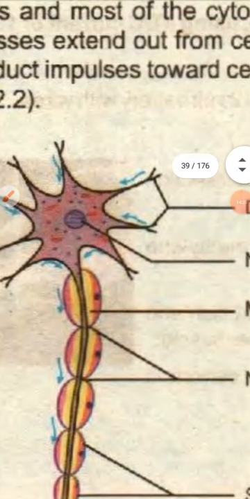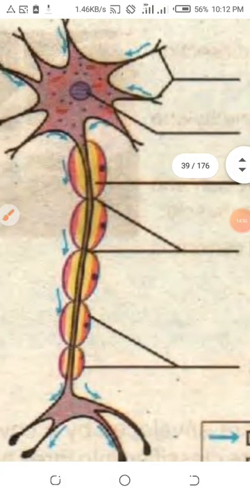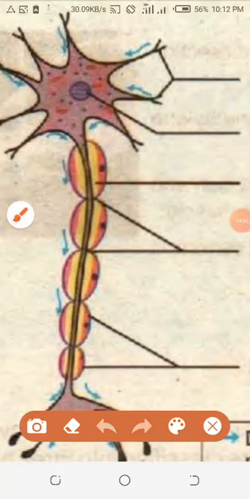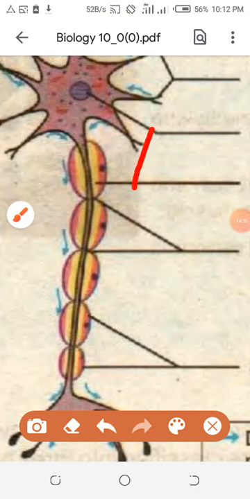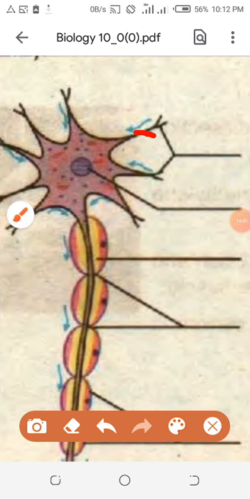Once again, I have to show the direction of the nerve impulse. The message will always flow from the dendrite to the cell body, and from the cell body to the axon, and from the axon to the next neuron by a gap. One word I will add today: the gap between the two neurons is called the synapse.